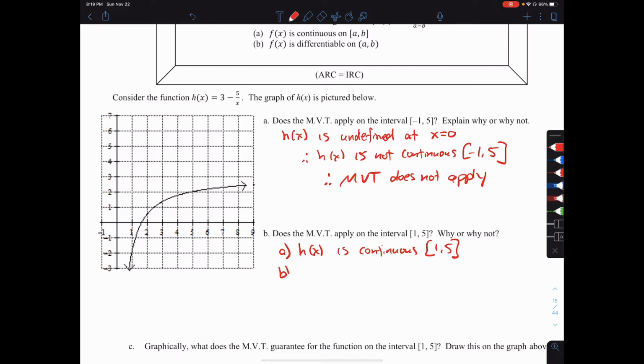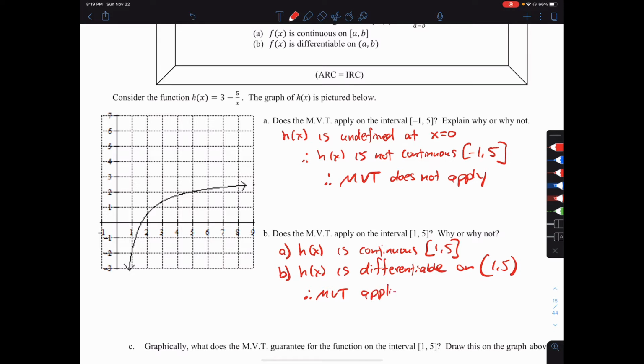Well, it sure is. I mean, it's pictured right here. We can clearly see that there are no cusps here. So we could say h of x is differentiable on the open interval. And that's all you need, those two things. Therefore, we would say the mean value theorem applies.